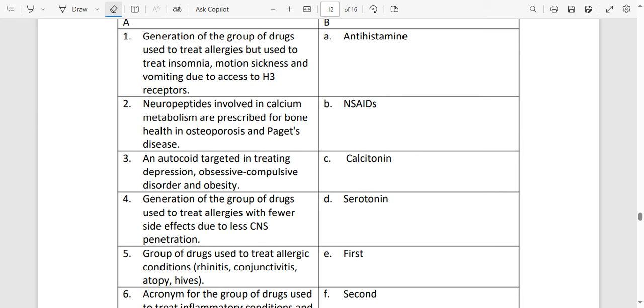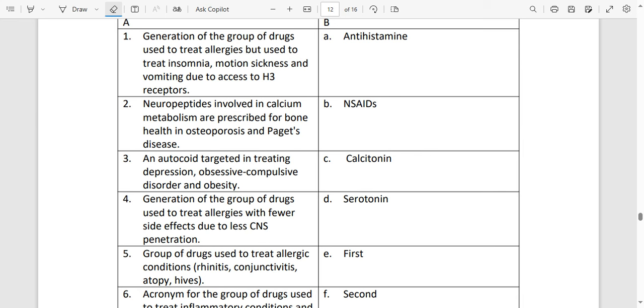So, an autocoid targeted in treating depression, obsessive compulsive disorder, and obesity. Which one is that? We can just look at depression. We've been talking about this for long now. Thank you so much, serotonin.